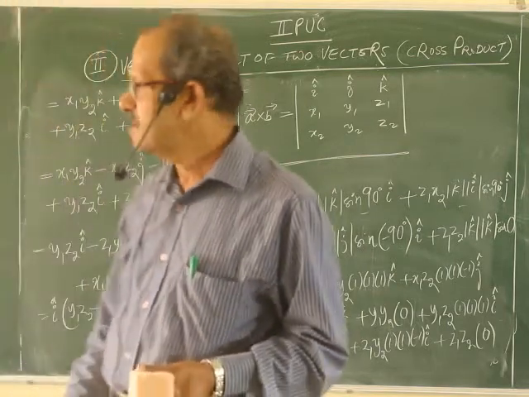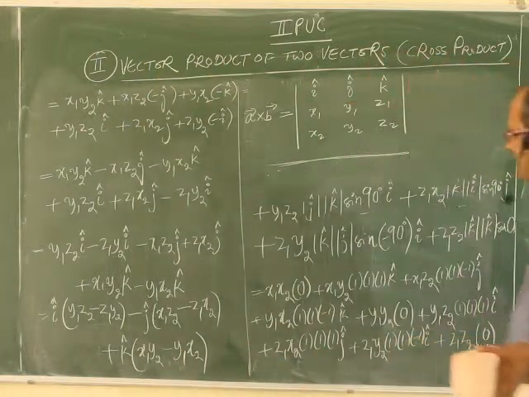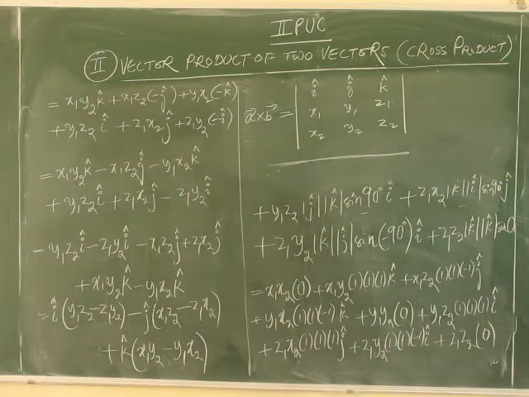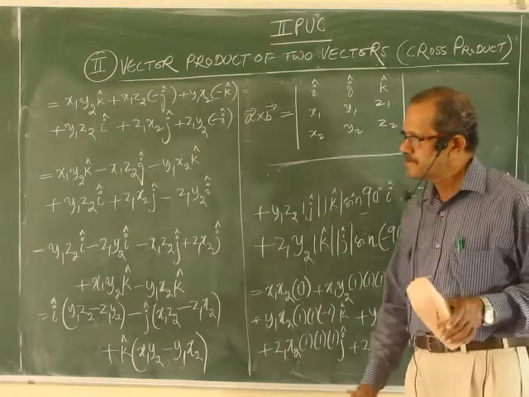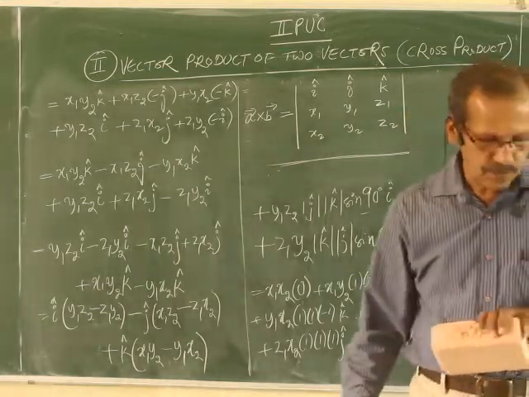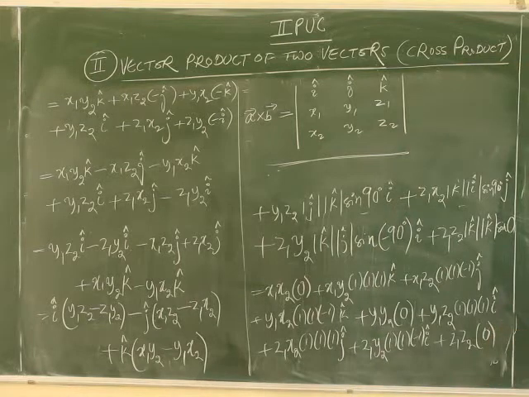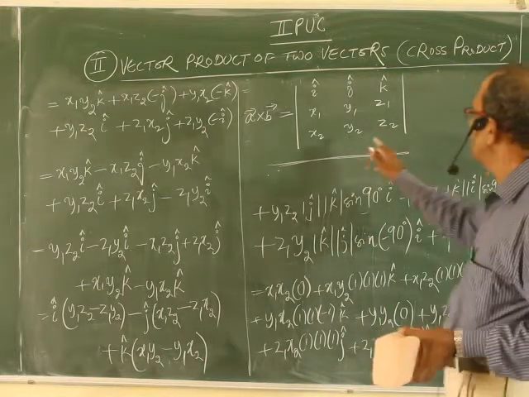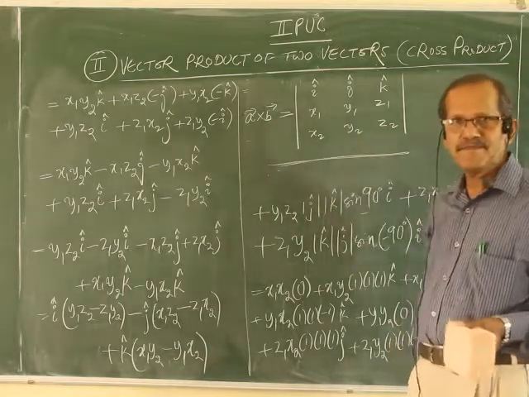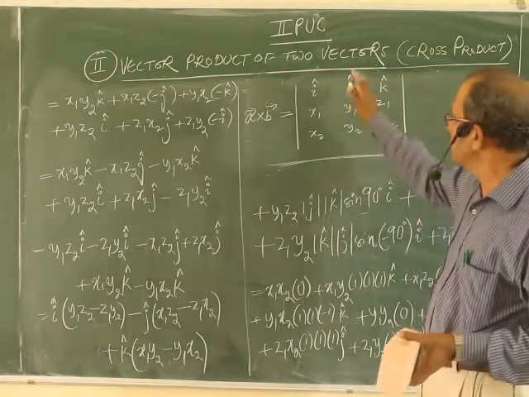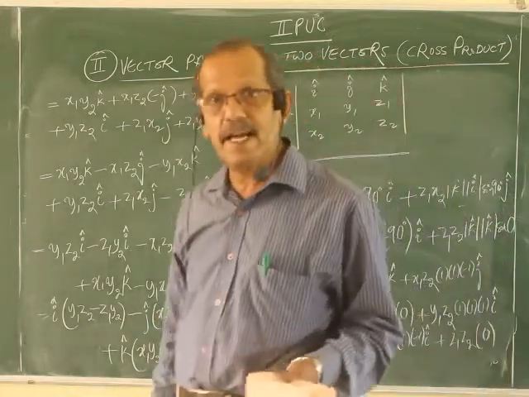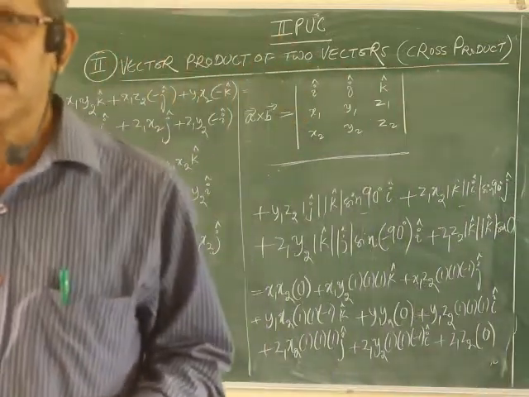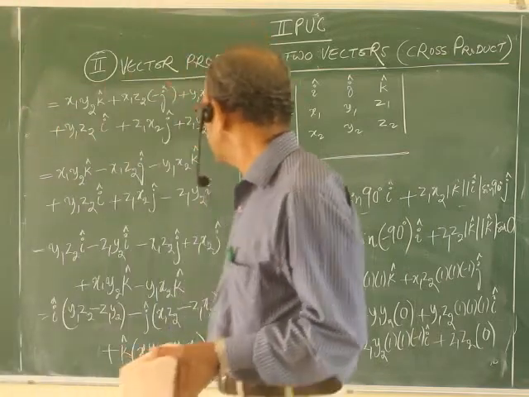Clear, no? See the formula correctly. And the full derivation will be here. Try to solve it, work it out, derive it several times. You get the idea behind this particular derivation.